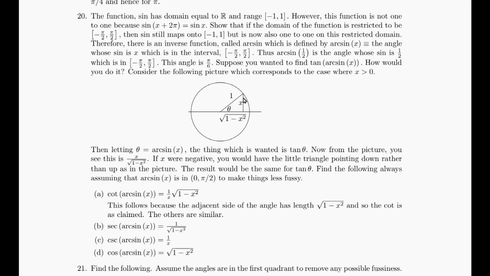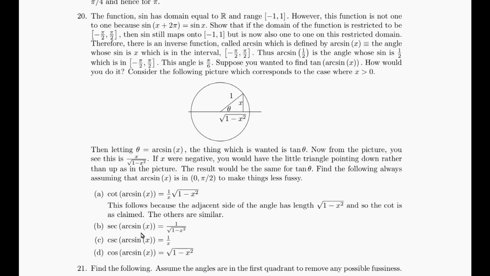Well, I'd look at this little triangle here, and the arcsine of x, that's theta, and x is the sine of theta, okay? So this would be square root of 1 minus x squared. And so what's the cotangent? Well, it's this adjacent side divided by x, the cosine divided by the sine.